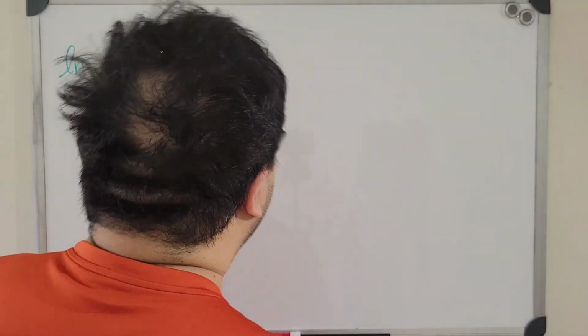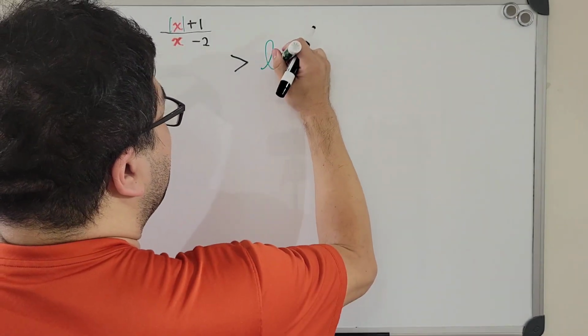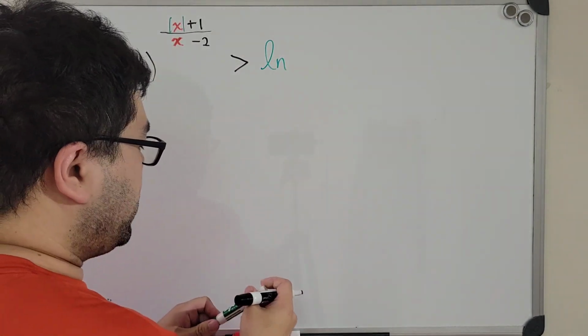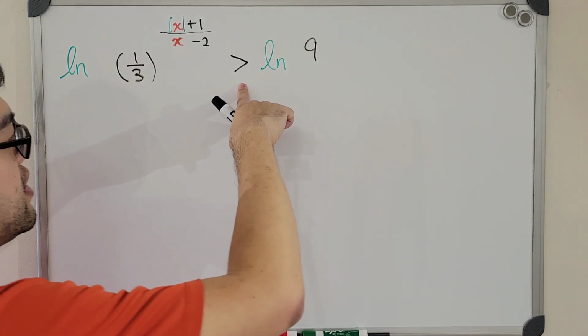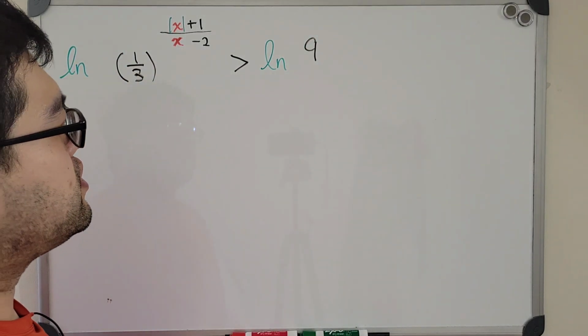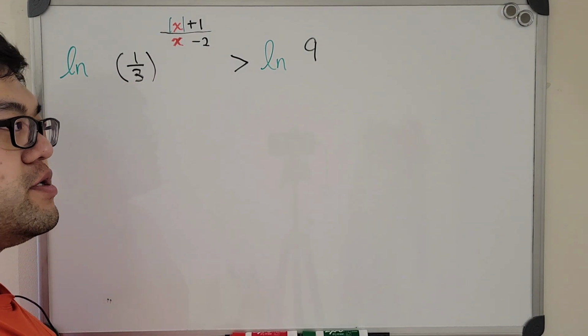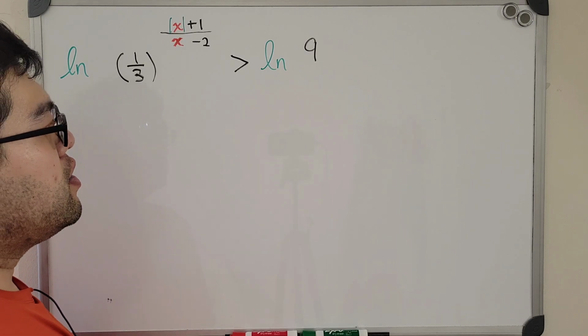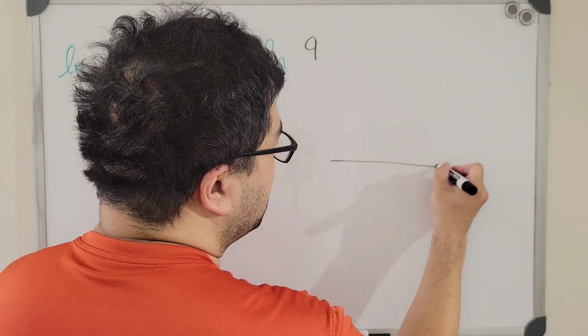So on the right hand side, we will just get ln of 9. And why do we not have to worry about the change of the inequality sign in this case? That's because when we are taking the natural log, we need to consider the graph of the exponential function.